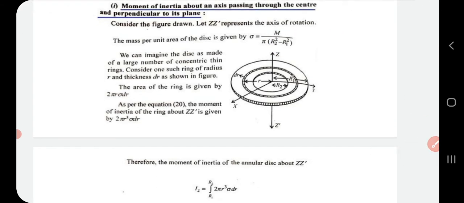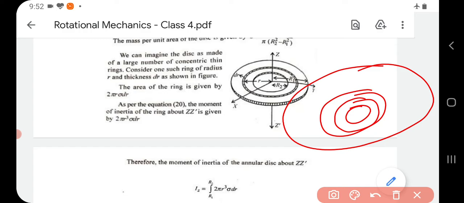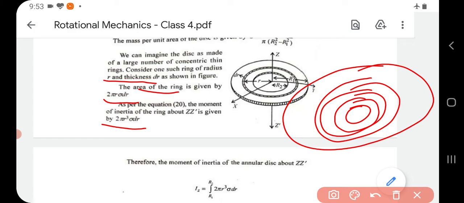Now here also we are assuming that this annular disk is made up of a number of thin concentric rings. Now consider one such ring with radius r and thickness dr. Its area will be 2 pi r dr, and its mass is 2 pi r sigma dr. The moment of inertia of the ring about z dash, as per equation 20, is 2 pi r cube sigma dr. That is in the case of that thin concentric ring.